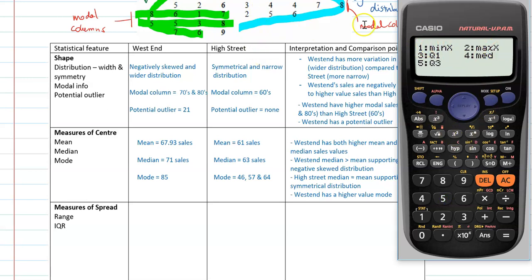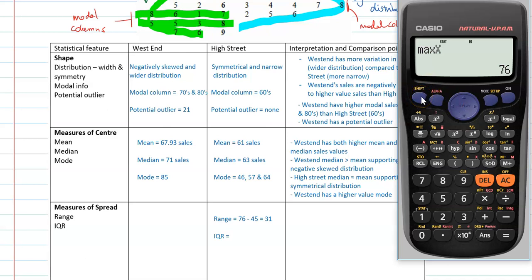I can just read it off the stem and leaf plot, but I'm trying to show you how to use your calculators, so for the purposes of this, we'll check it out that way. So 45 is my minimum. And 76 was my maximum score there. When I subtract them from each other, I get a range of 31.